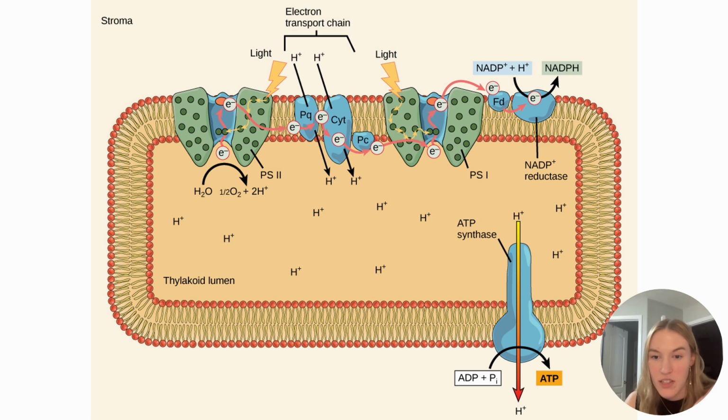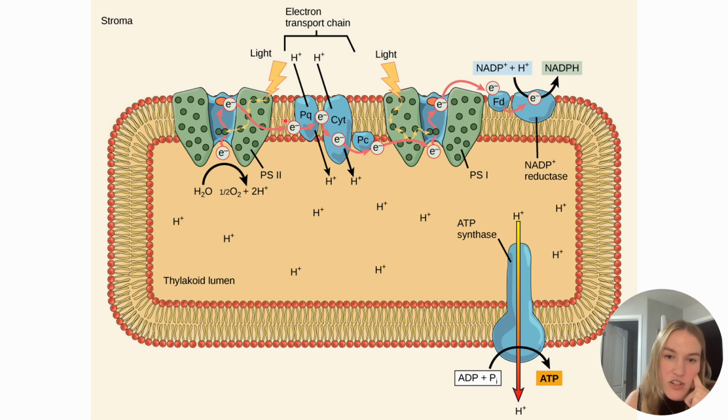Now what we're looking at here is basically the same thing, but it's going to be very important for understanding how ATP is now made. Same thing we've already seen. Photosystem 2, we have an excited electron. That electron came from water, splitting water. That electron is then passed down an electron transport chain.